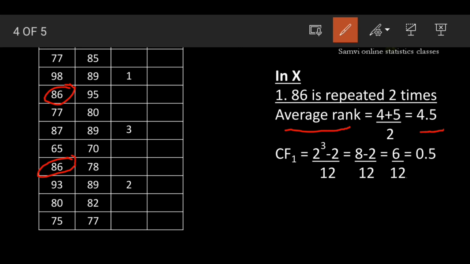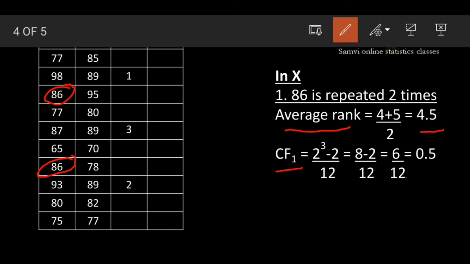After this, you have to find the correction factor. This is the first one, so write CF1. The formula is m cube minus m divided by 12. Here m is 2, that means it is repeated 2 times. So 2 cube minus 2 divided by 12. 2 cube is 8, so 8 minus 2 divided by 12.